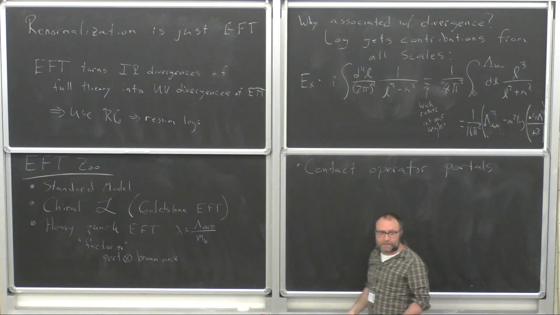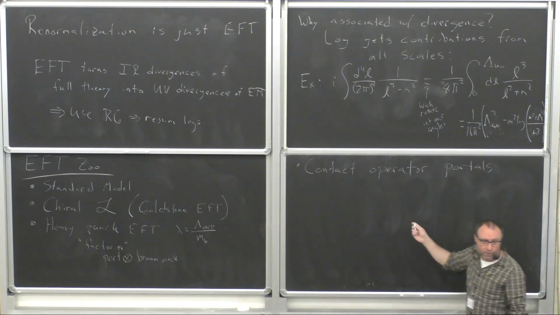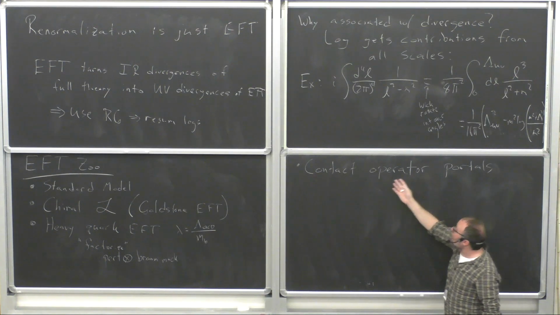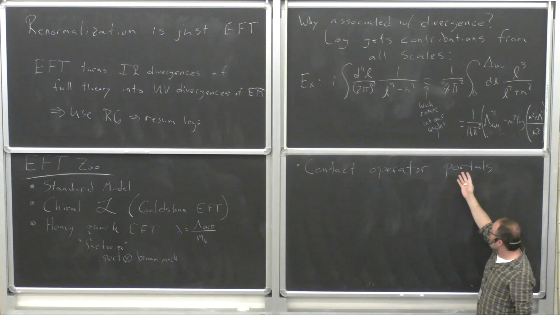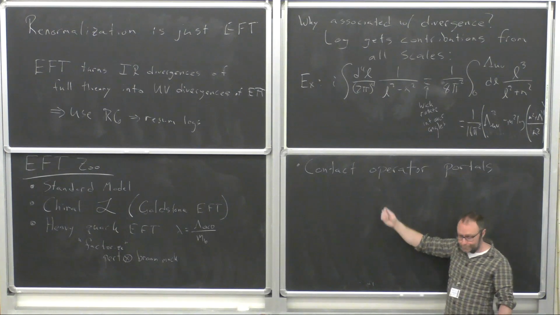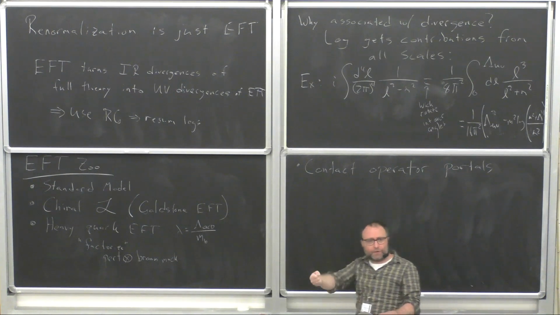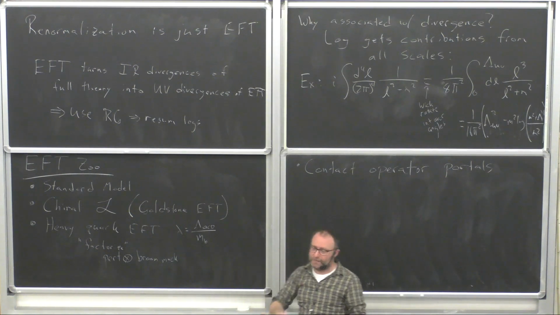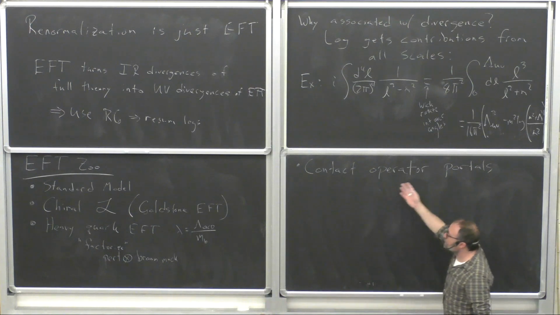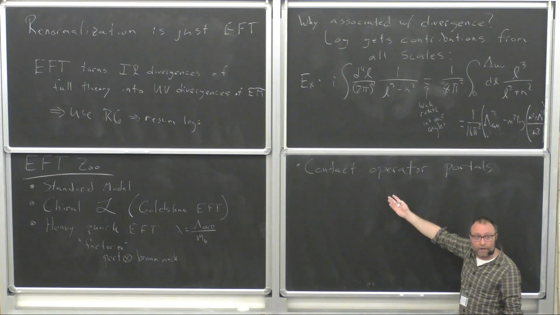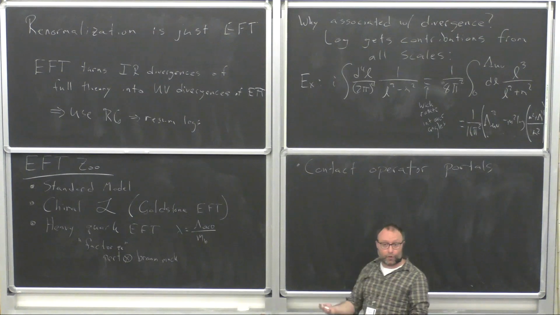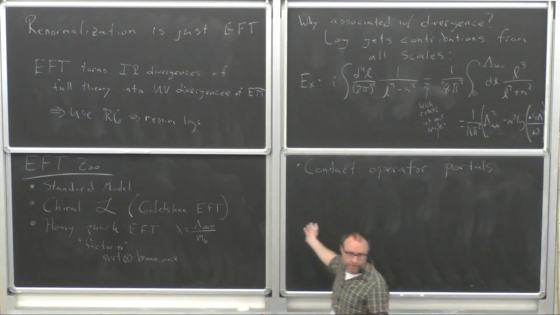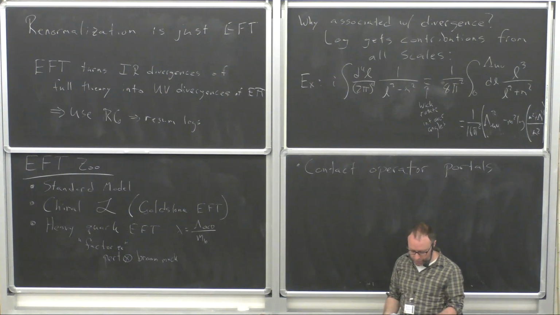My guess is a lot of you are thinking about dark sectors, because we all are at some level, and so, you know, one of the ways you can connect between the physics in the dark sector and the standard model is just by writing a local operator with some number of dark sector fields, some number of standard model fields suppressed by a heavy scale, okay? That's EFT, okay? And so this idea of using contact operators as a portal is something that's very important in modern phenomenology, okay? I had a paper come out last week where we use this, okay? It shows up all over the place.